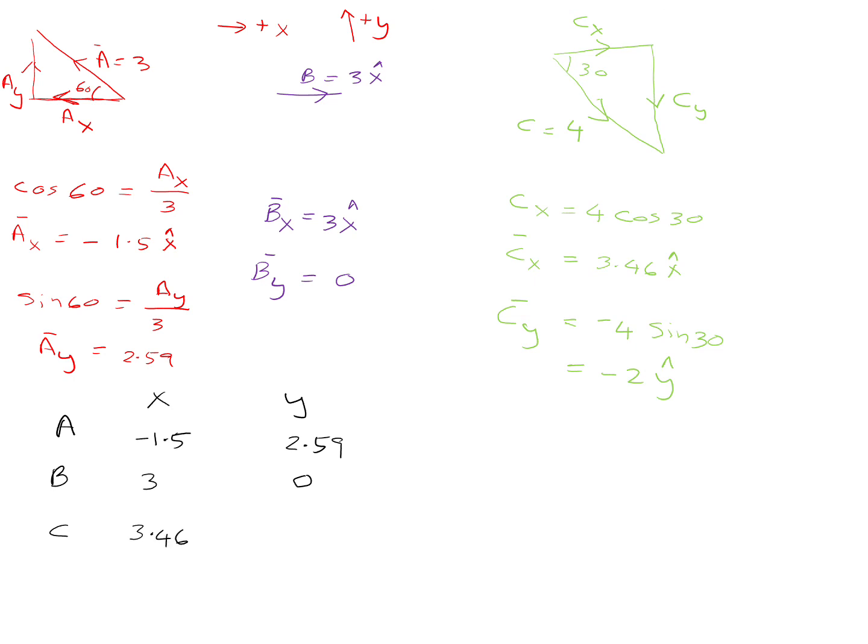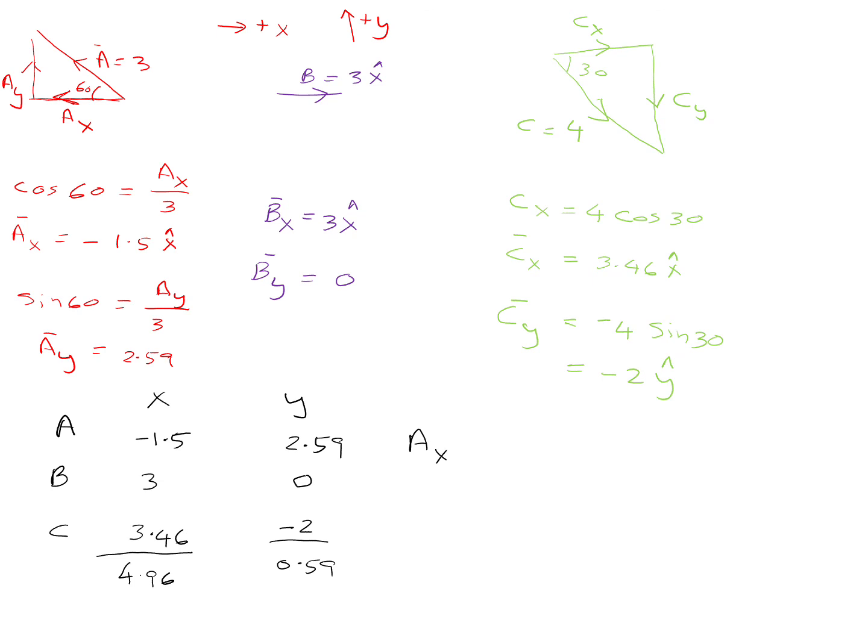Y component of vector C is negative 2. So now all these x components are in x direction, therefore you can add them, because they are in one line, and you get 4.96. And y components you get 0.59.